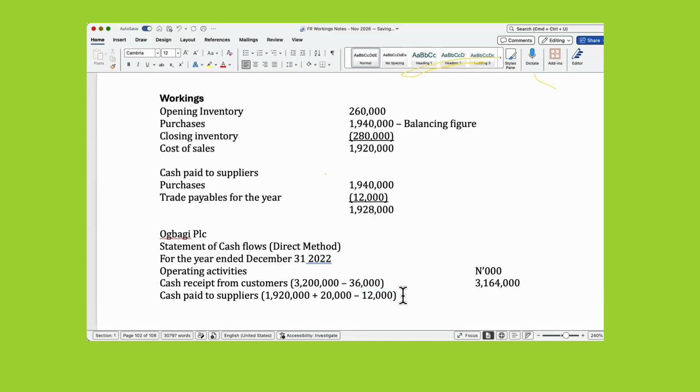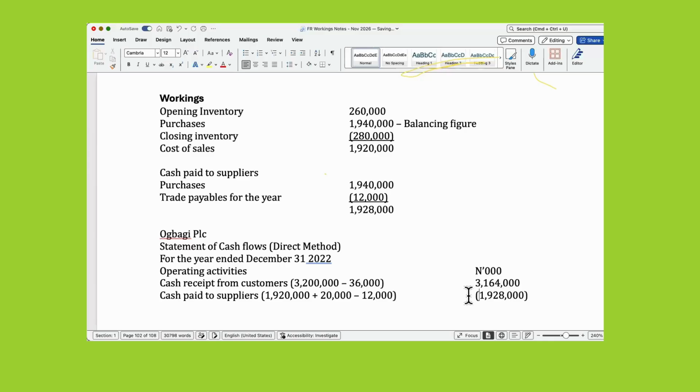And that's added. That's inside my purchases. So I have to deduct that. But inventory was the deduction. That's why I'm adding it back. And these are items for the year. So if you do the arithmetic also, it's still going to give you 1928.